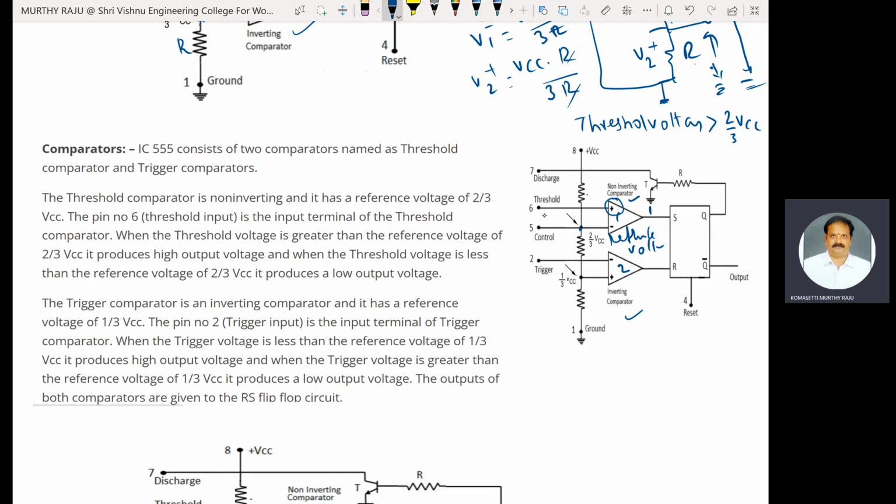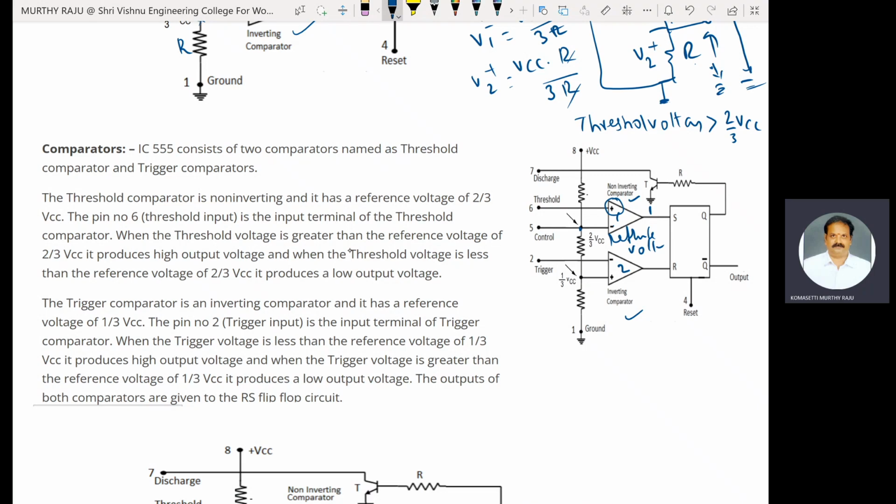The threshold voltage is applied at the non-inverting terminal of comparator 1 and 2/3 VCC, the reference voltage, is applied at the inverting terminal of comparator 1. Compare these two. Threshold voltage is at the positive terminal and 2/3 VCC is connected at the negative. Therefore, whenever threshold voltage is greater than 2/3 VCC, the output of the comparator is high.